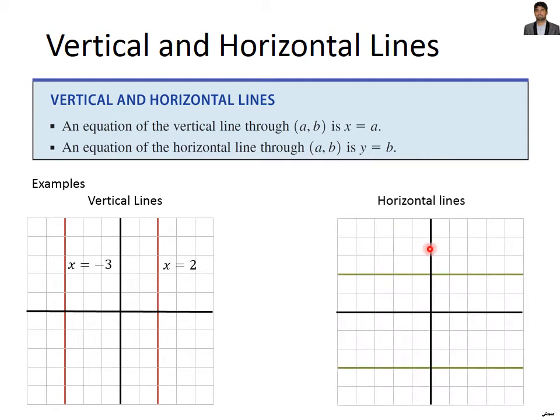Horizontal lines means a line which is parallel to the x-axis. So the equation of this line is y is equal to 2. And this line, y is equal to minus 3.